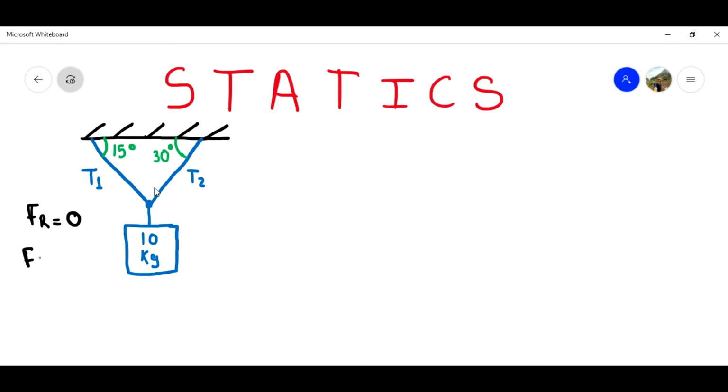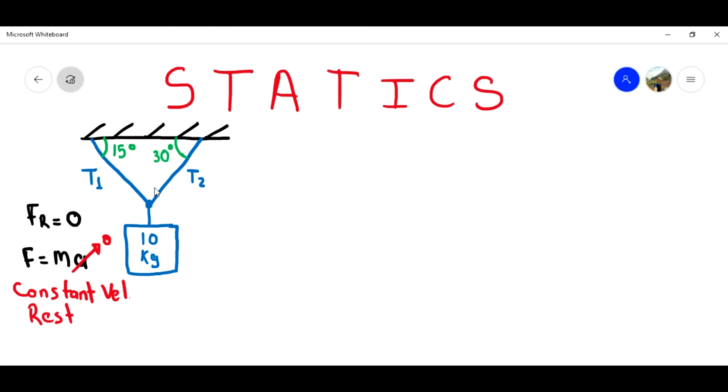If the force is 0, that means there is no acceleration. The acceleration is 0. So if the acceleration is 0, there are two things we can think about: the object moves at constant velocity, or the object is at rest.